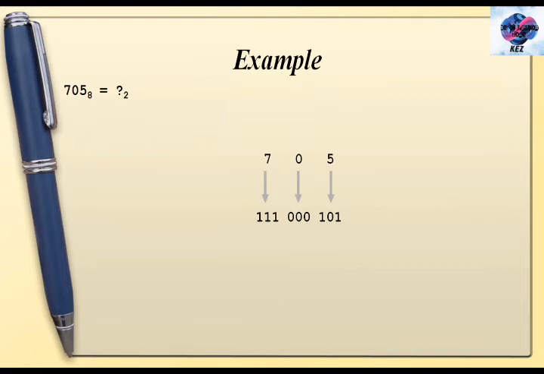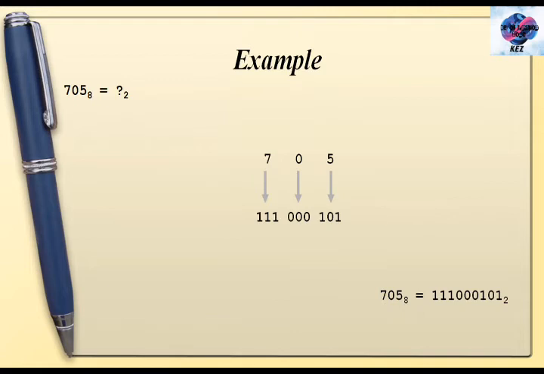Then again 1 will come, so we get 101, which is 3 digits. For 0, no digits are there, so you have to make 3 zeros. And 7, if you convert, you will get 111. Now the answer will be 111 000 101. That will be our octal to binary conversion.